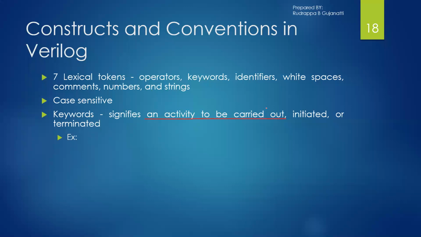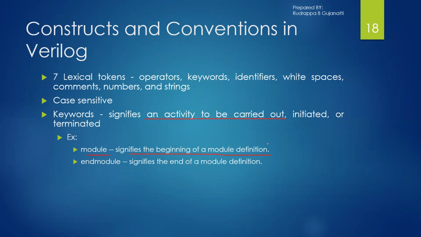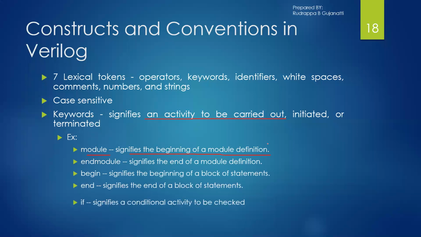The keyword module signifies the beginning of a module definition. Next, endmodule signifies the end of the module definition. Similarly, we have begin and end, which signify the beginning of a block and the ending of a block.